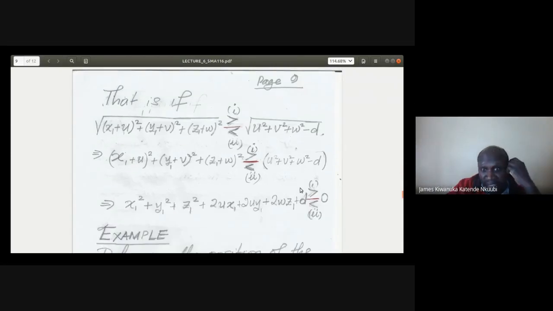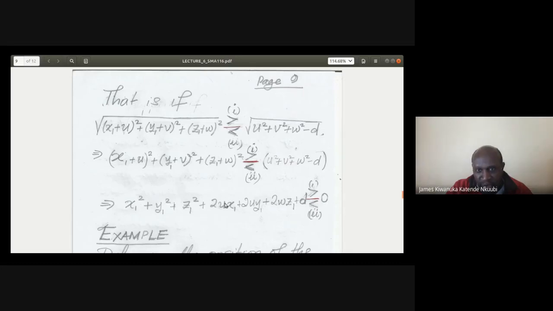So when you simplify this, this is what you end up with. When you work it out and put all the like terms on one side, the u squared on both sides will disappear because they appear on both sides. When you switch sides, this is what you will end up with.